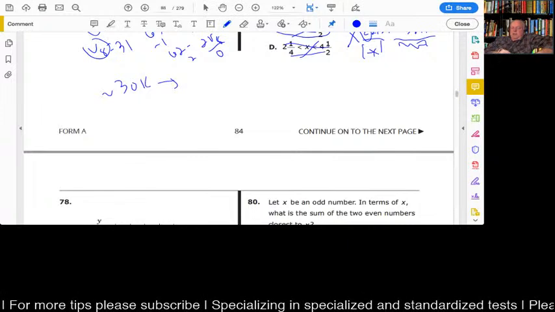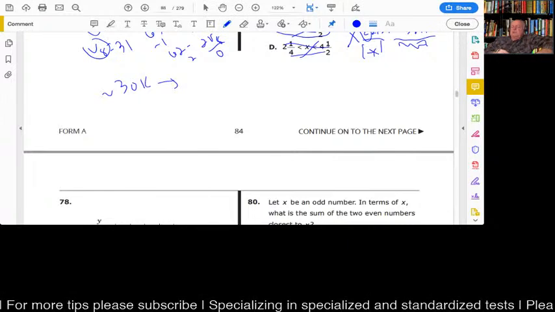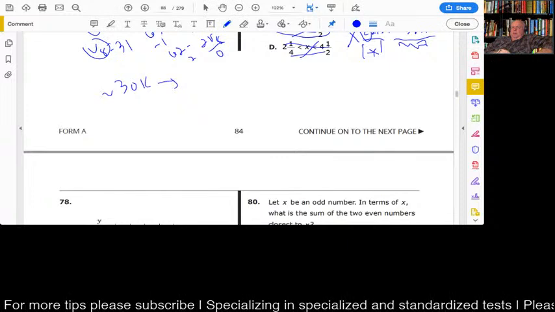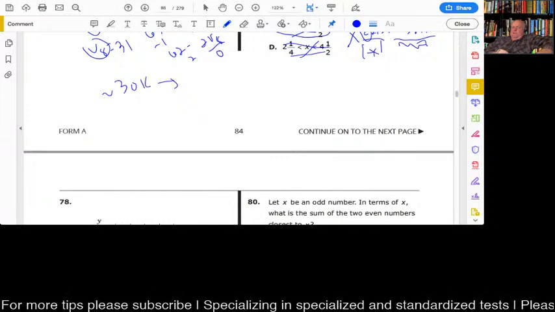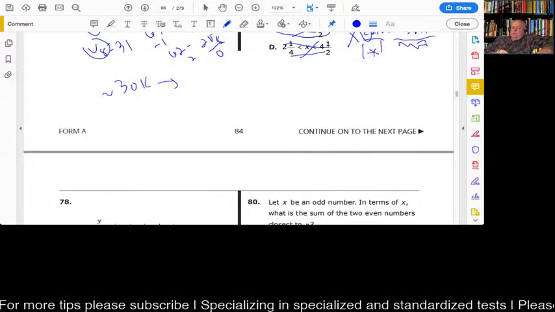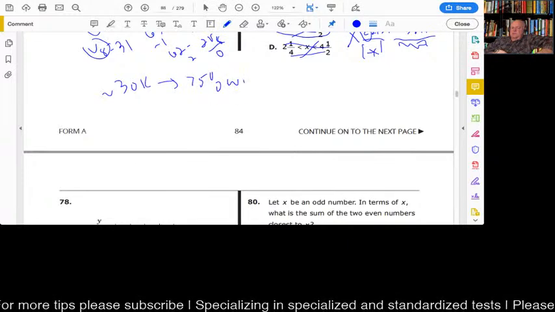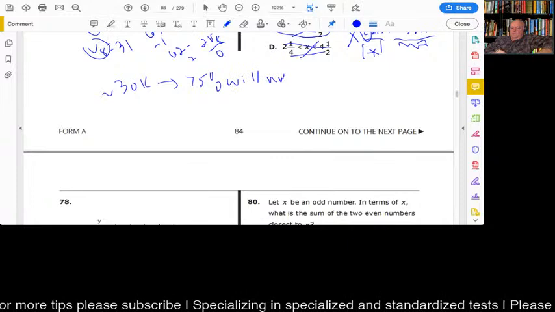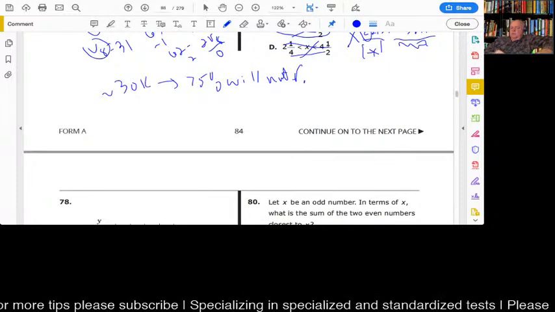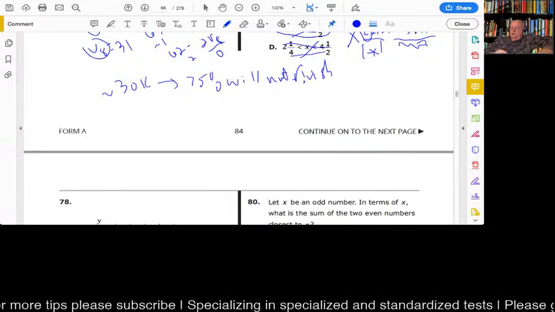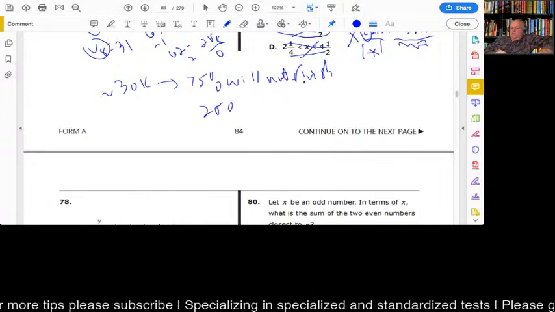So here's kind of how this works. And again, I'm not using exact numbers. Okay. So first of all, there's 30,000 kids. About 75% will not finish. They will not get through the test on one form or the other. So that means 25% will finish.